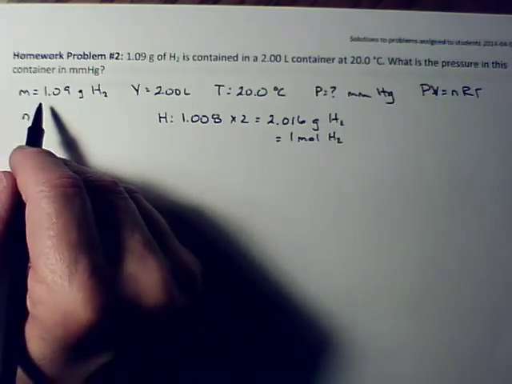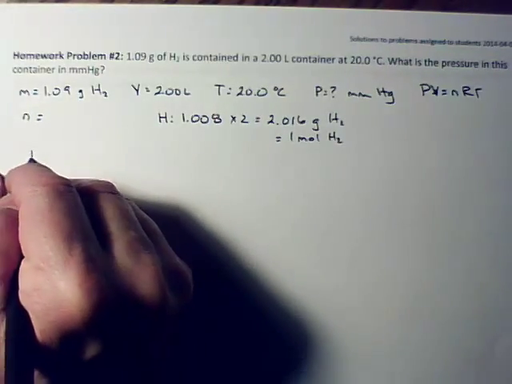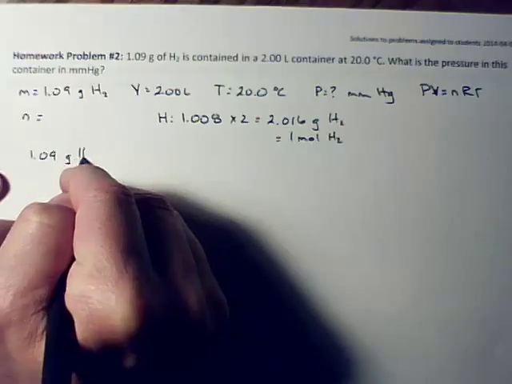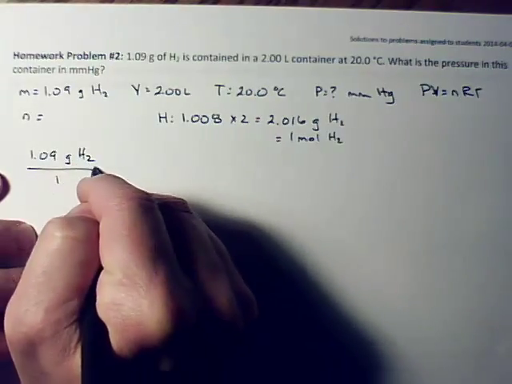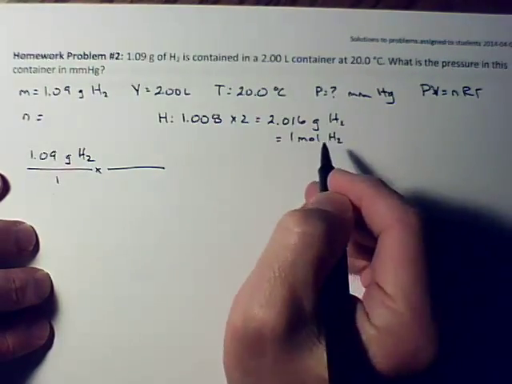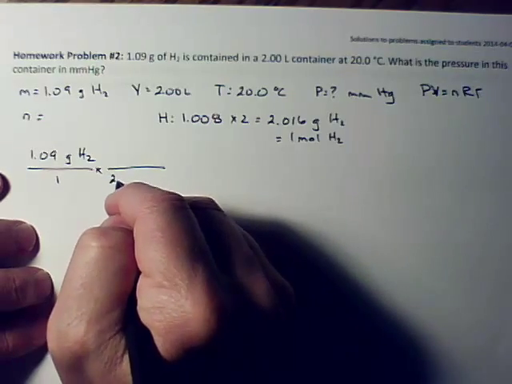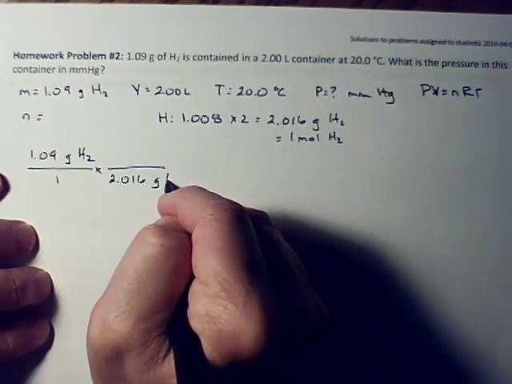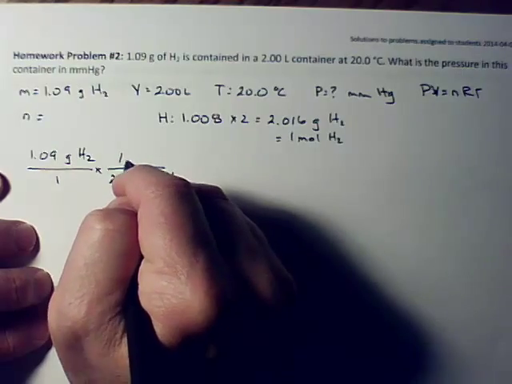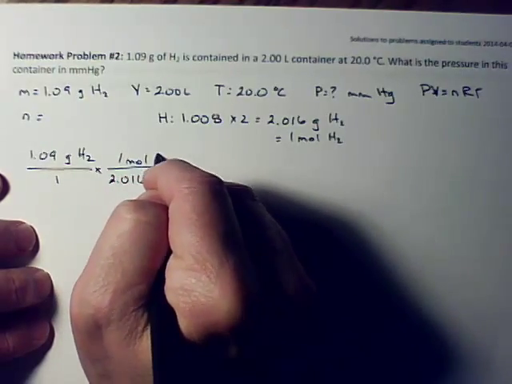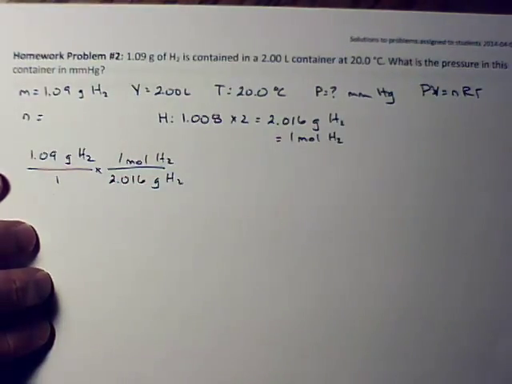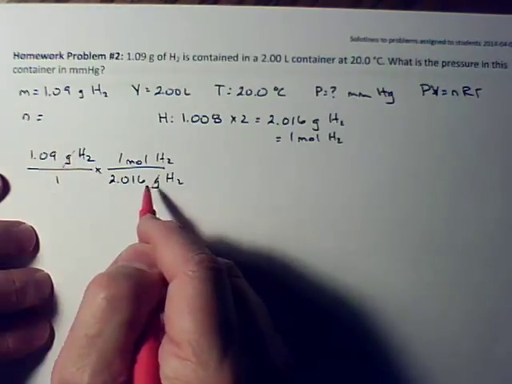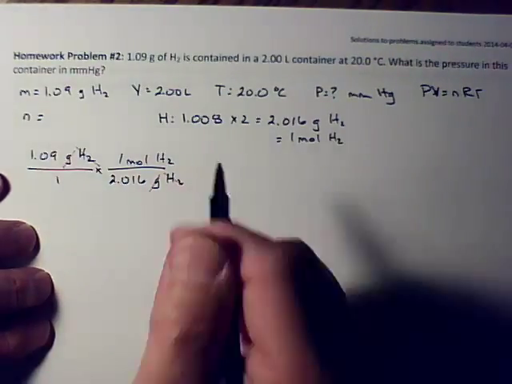So then I'm going to take this 1.09 grams of H2, put it over 1, use this equality statement to convert 2.016 grams of H2, 1 mole of H2. Cancel out grams and H2.